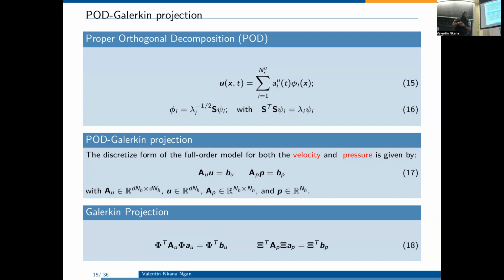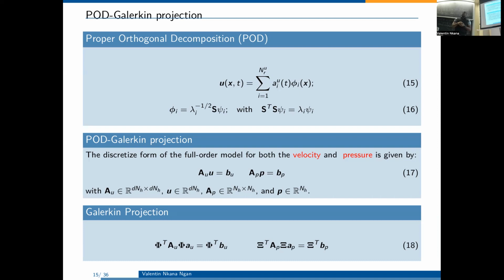So, the Galerkin projection. In this case, we assume that we have a given PDE. Equation 17 says that everything is discretized, both velocity and pressure. So we have the linear system which carries the velocity, and we also have a second linear system which carries the pressure unknowns.